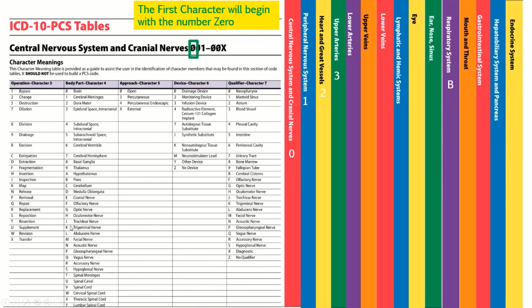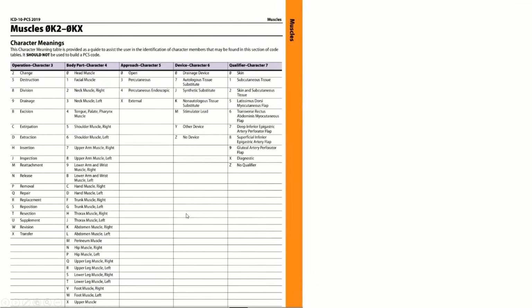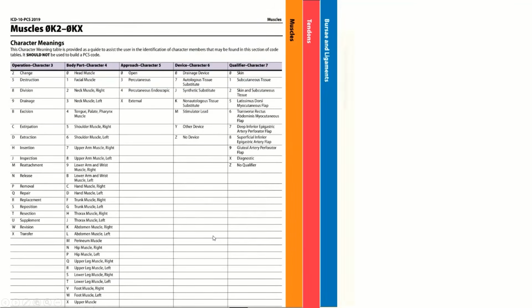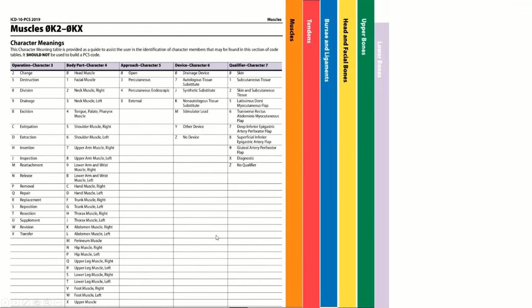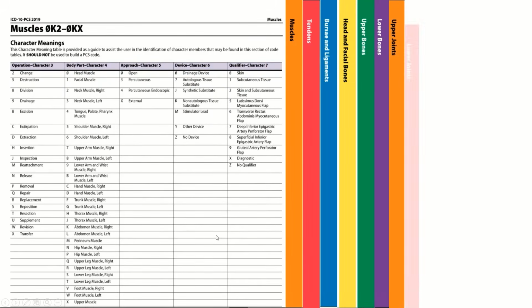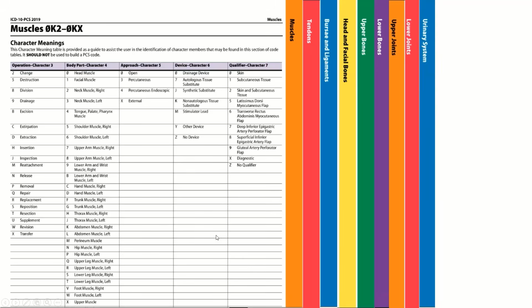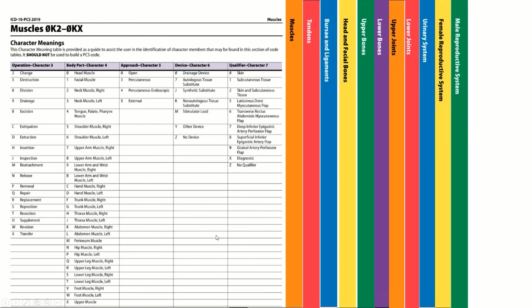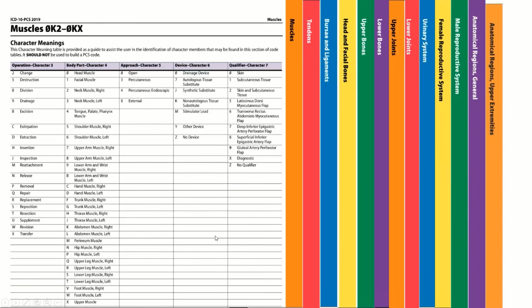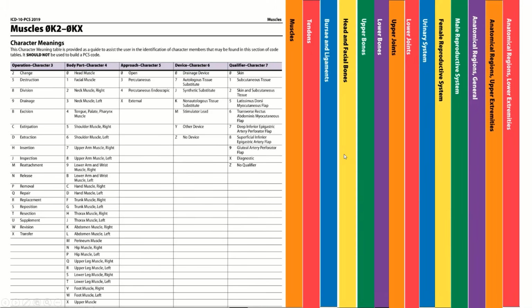All right. So let's take a look at some of the other sections. You got muscles, tendons, and this is not exactly, I may have missed a few, but you get the point, coders, that I'm trying to make. I do want to point out your anatomical regions, though. Anatomical regions, that's the body area that there's no system for.